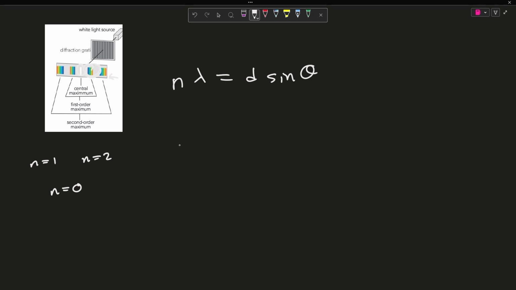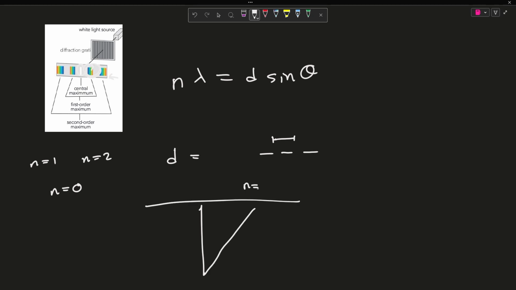And d is the distance between the slits in the grating. So this is the same as it was with the double slit, but now there's lots of slits and it's just the distance between two of them. And theta is the angle between the center and the nth maximum that you are looking at.